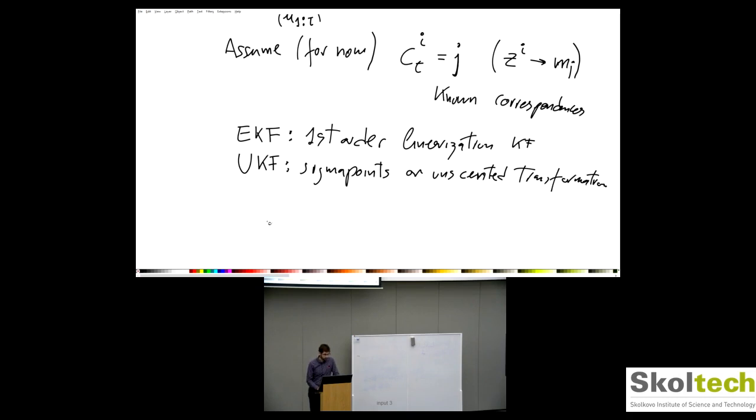The unscented. Just very, very briefly, I'm going to say that it's still based on a unimodal distribution. So what we are going to be doing here is we have a normal distribution, right? From this normal distribution, we are going to select a small set of sigma points. Let me just write them like this.